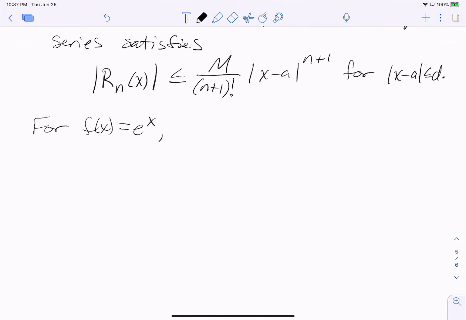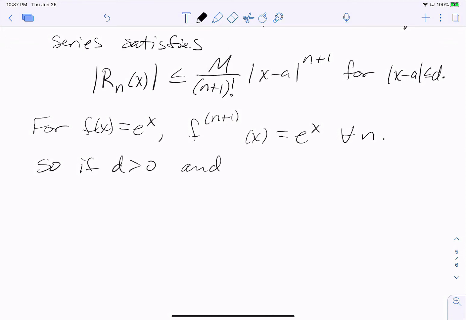For f of x equals e to the x, the n plus first derivative of f is equal to e to the x for all n. So as long as d is positive, for any number d, if the absolute value of x is less than or equal to d, so x is within an interval from negative d to d, then the n plus first derivative is less than or equal to e to the d, right?